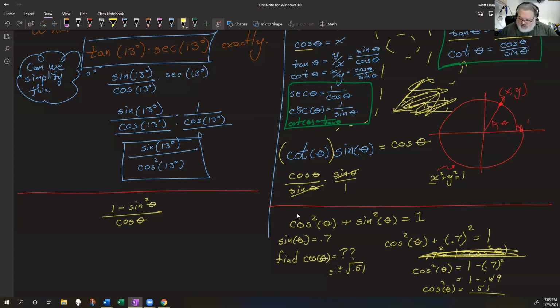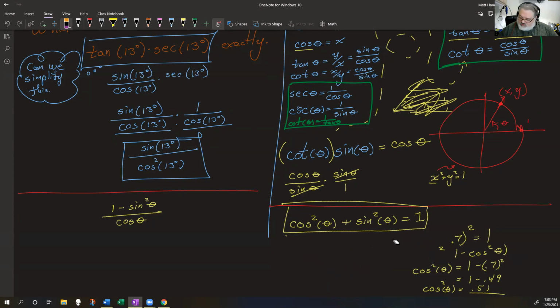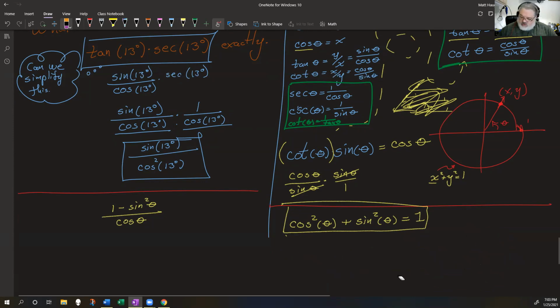But if the cosine squared plus the sine squared is always equal to 1, that means that cosine squared is always equal to 1 minus sine squared theta, if we just subtract that sine squared off.